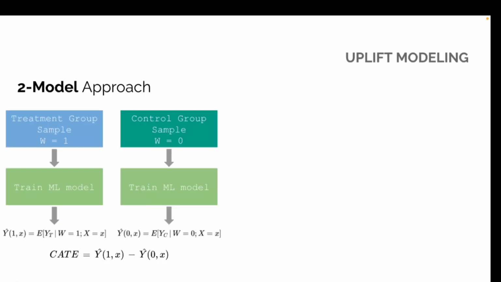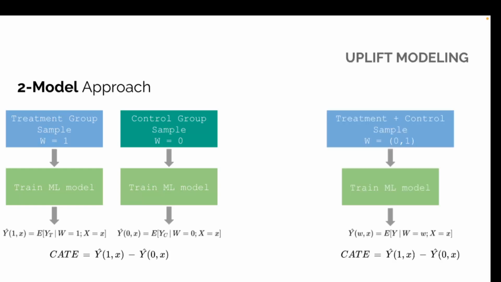Okay, so there are other approaches. In this one, for example, you train a single model on a treated group, and you train another model on a control group, right? You have two different models, and the prediction of the model on the left would be the value of the treatment group, and the prediction of the model on the right would be the value of the control group, and taking the difference between them would be your KATE. That's one option.